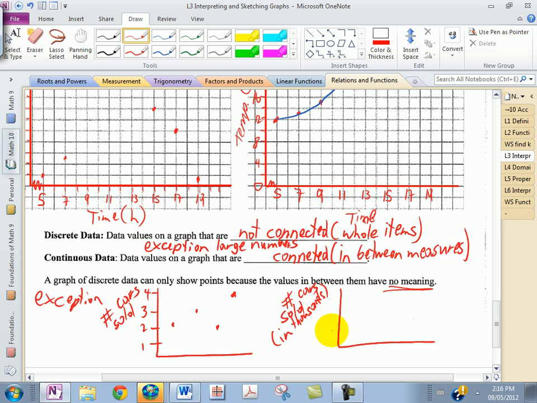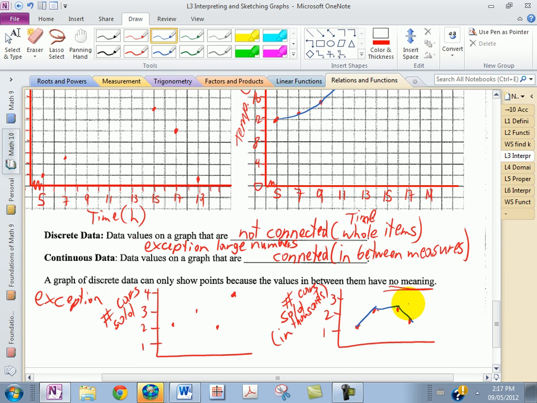Okay. And I did 1,000, 2,000, 3,000. Well, guess what? I would totally connect those points. Why? Yeah, well, the numbers are so huge. In between 1,000 and 2,000, there's a whole bunch of values, right? 1,001, 1,002, and so on and so forth. So because the numbers are so huge, it does make sense. That's just an exception. You don't see it too often, okay?